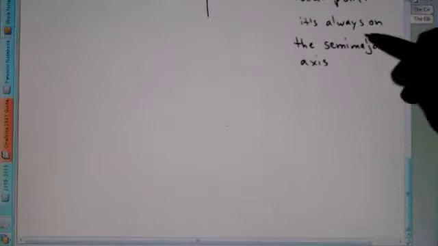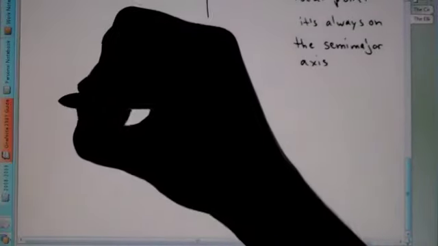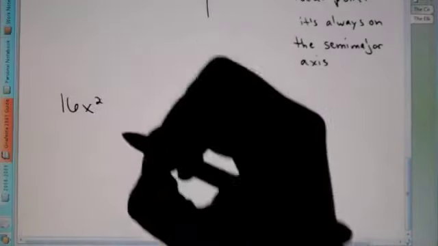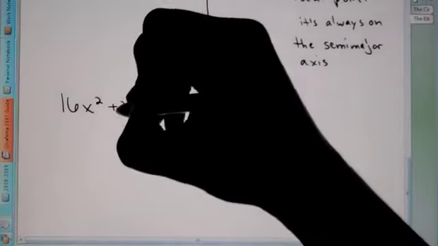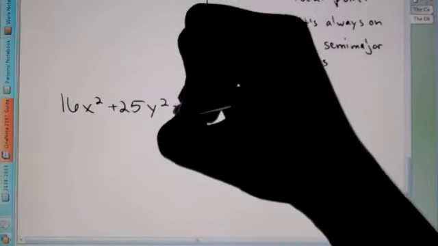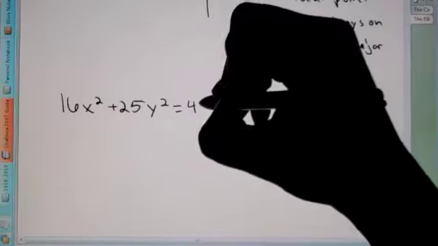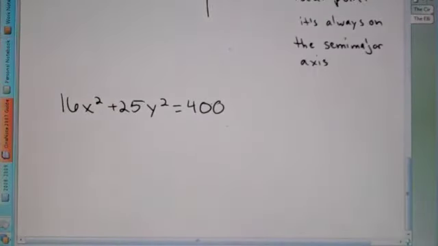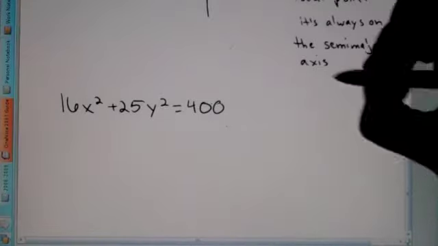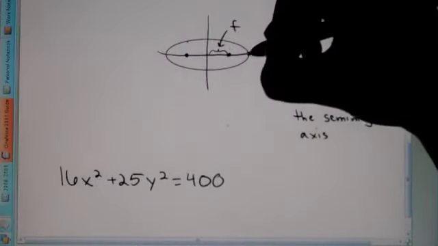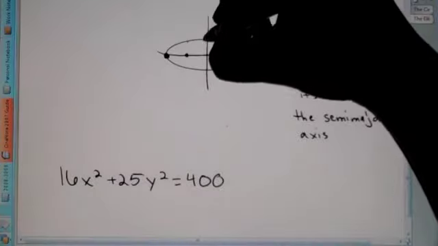If I were to ask you to graph an ellipse, so if I were to give you 16x squared plus 25y squared equals 400, and I say find the coordinates of the ellipse's vertices and foci. By the way, these are called vertices, okay?